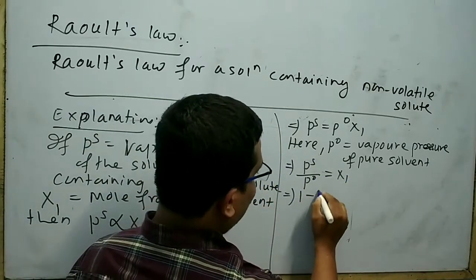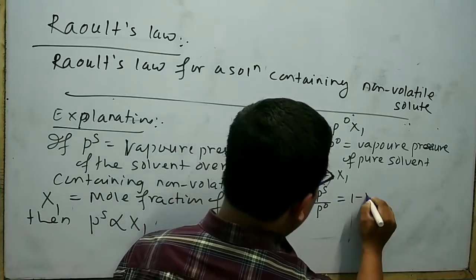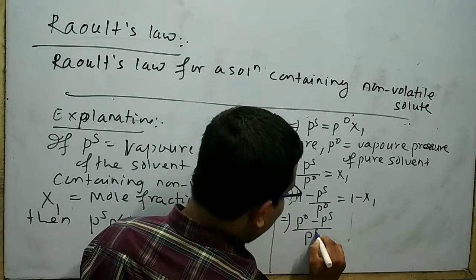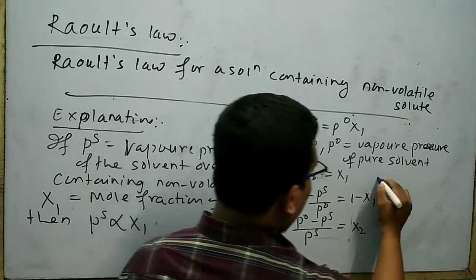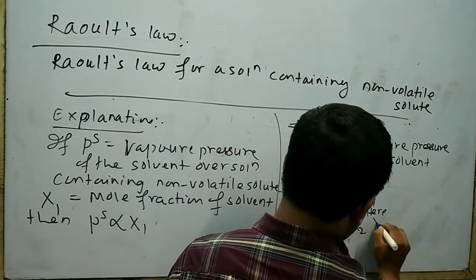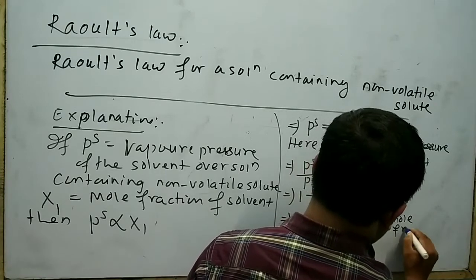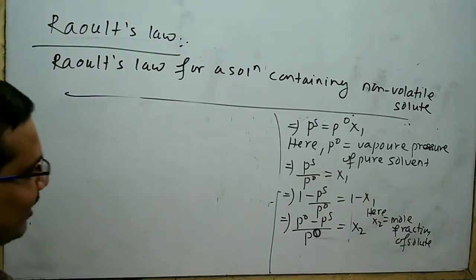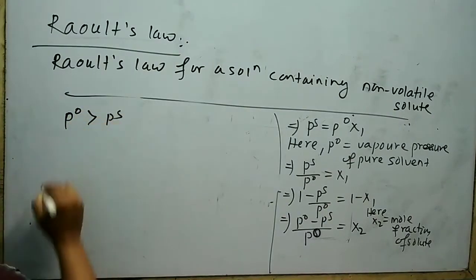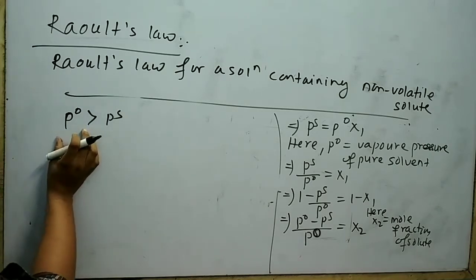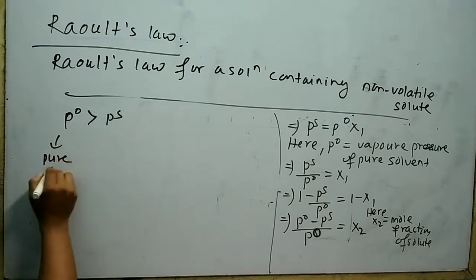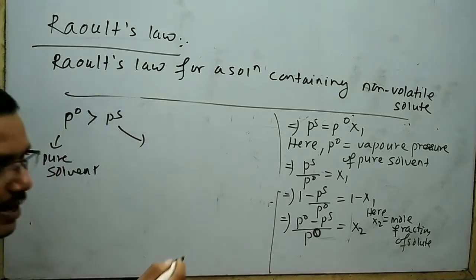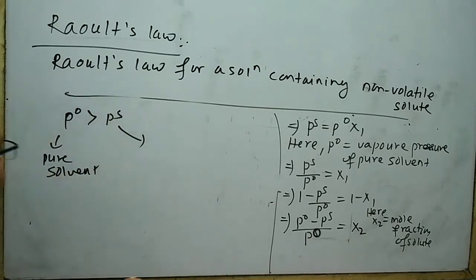Now I can write 1 minus Ps by P0 equals 1 minus x1. This implies that (P0 minus Ps) divided by P0 equals x2. Here x2 equals the mole fraction of solute. Look at that, here P0 is greater than Ps because P0 relates to the vapor pressure of the pure solvent and Ps relates to the vapor pressure of the solvent over the solution containing non-volatile solute.